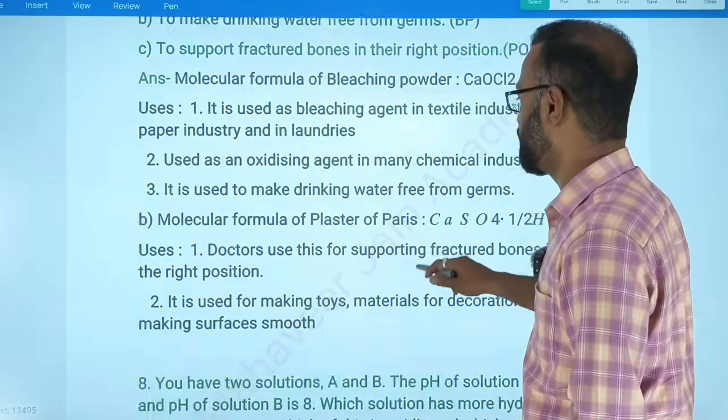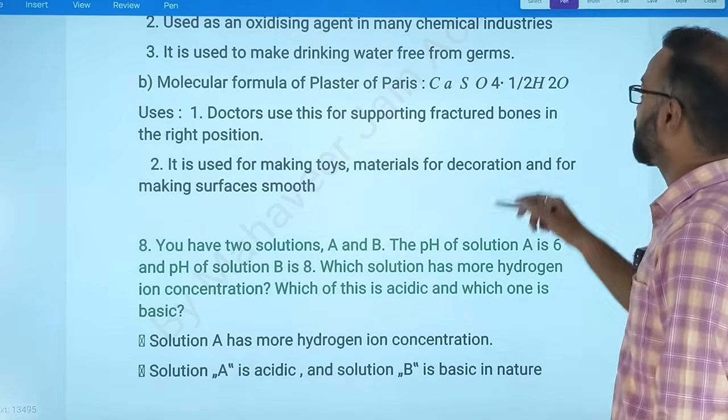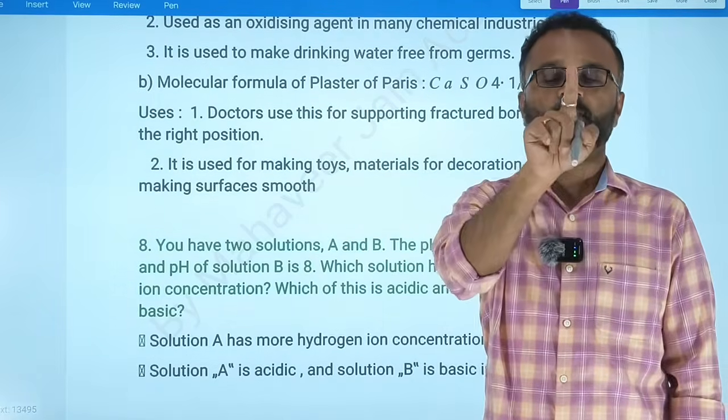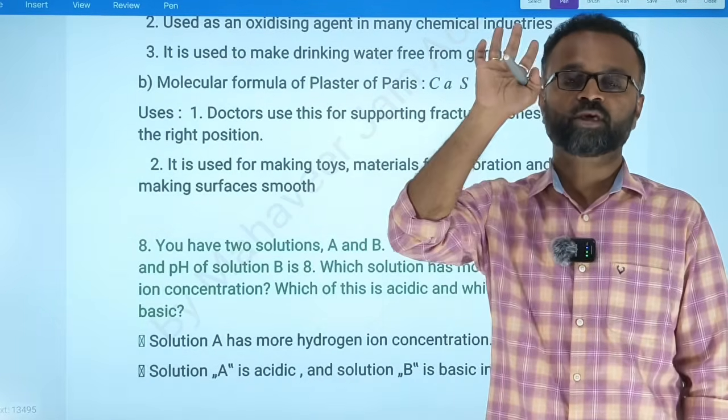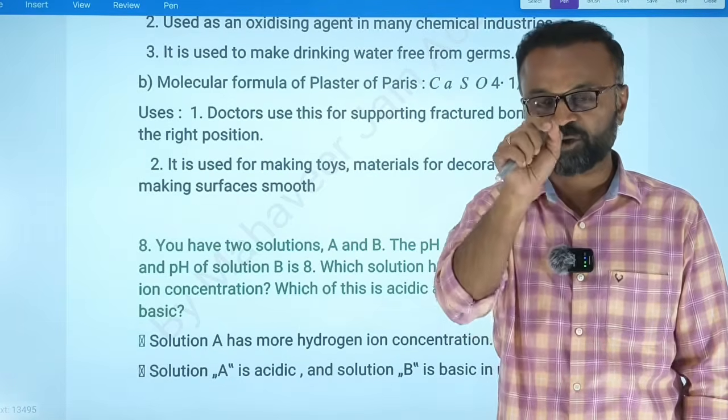The next one is plaster of Paris, CaSO4 half H2O. Calcium sulfate hemihydrate is the chemical formula for plaster of Paris, and the chemical formula for gypsum is calcium sulfate 2H2O.